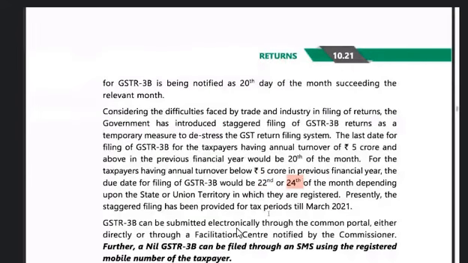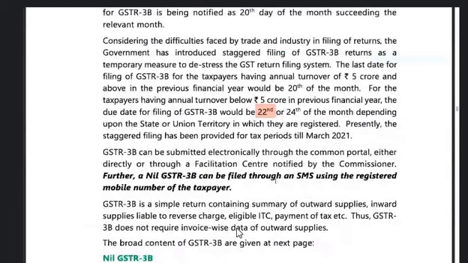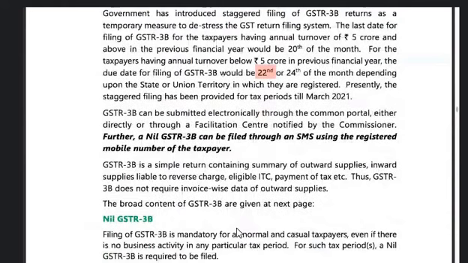The Indian states and union territories are divided into 2 parts. Some of the states and union territories have to file by 22nd, and some by 24th. So it depends upon which state you are in, and accordingly the due date will change.